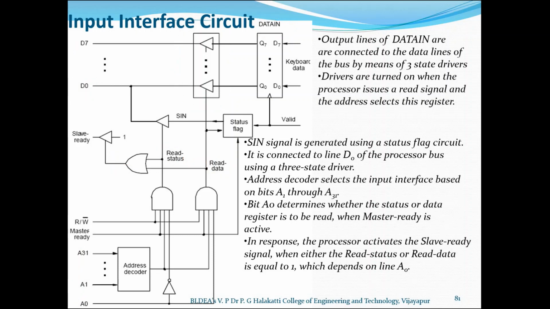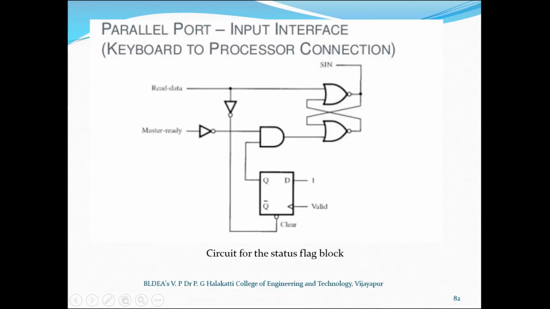A simple implementation of the status flag circuit is shown in the next figure here. This is an edge triggered D flip flop, which is set to 1 by a rising edge of the valid signal. So whenever the valid signal is 1, it will set the D flip flop.